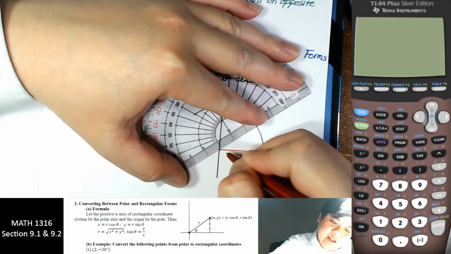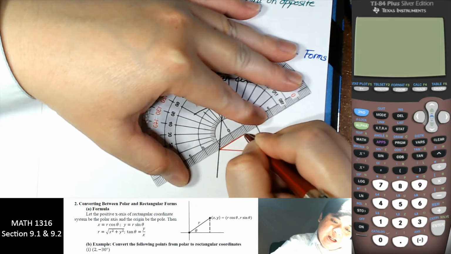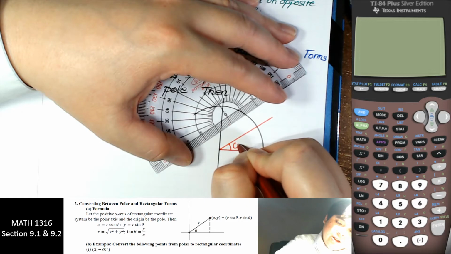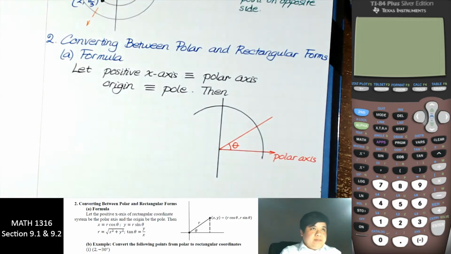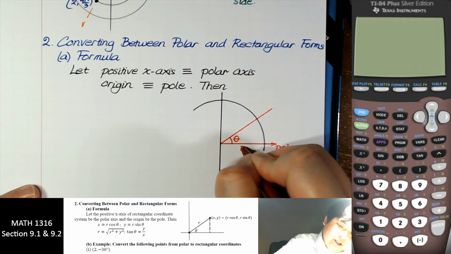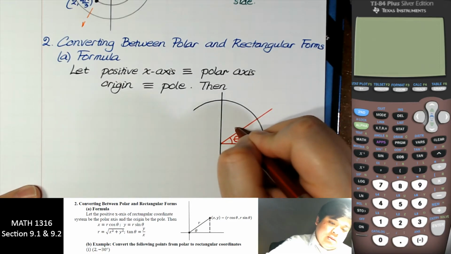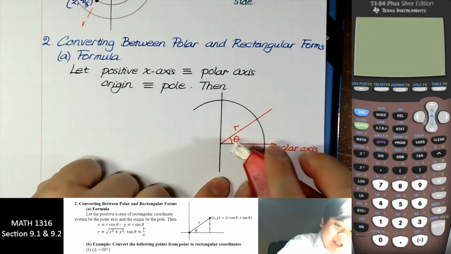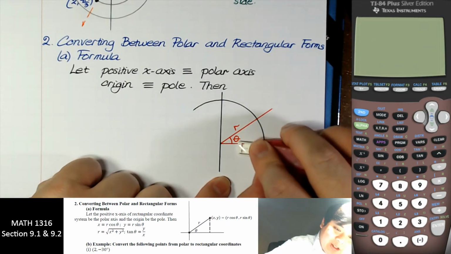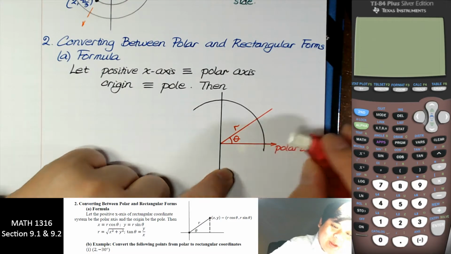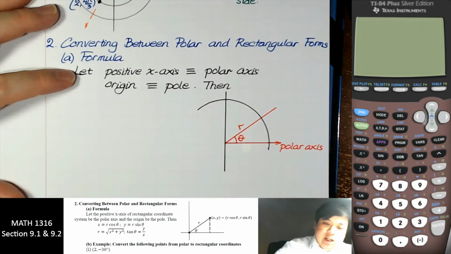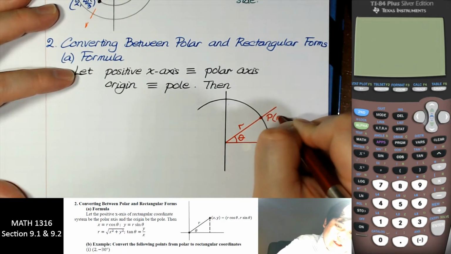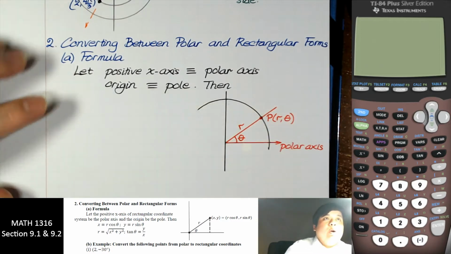Let's say we have a terminal ray, angle theta. So we have the radius, it will be very misleading if we write R right here. So, right, the radius and the angle, and so this point here is r and theta in polar coordinates.